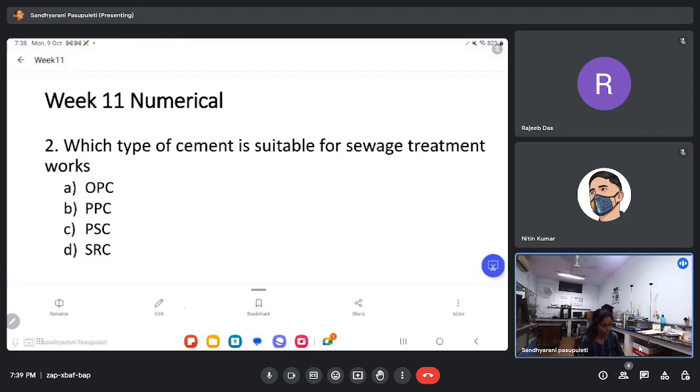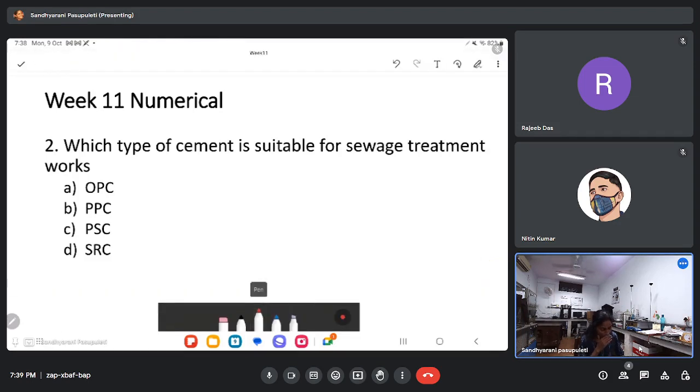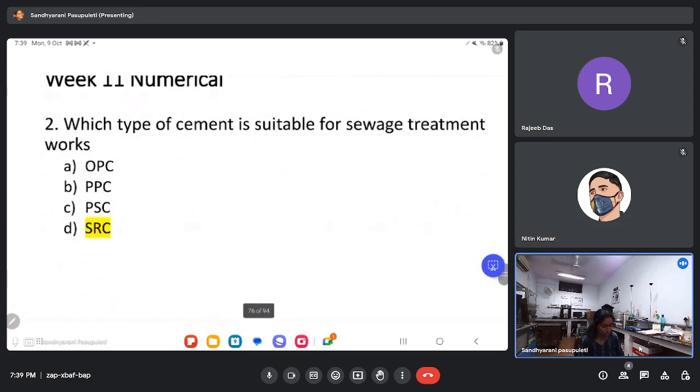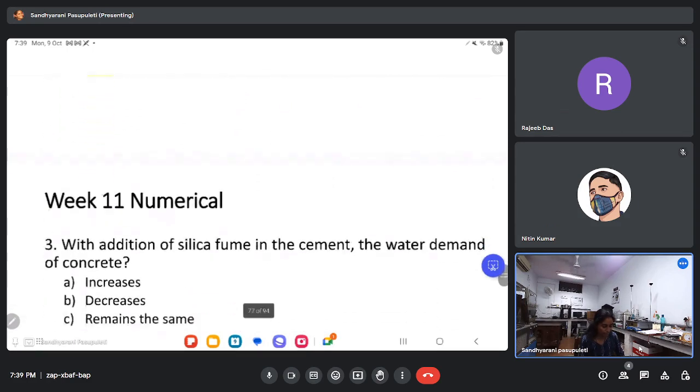So usually these sewage treatment works are always in contact with water. As we have discussed, whenever the structure is in contact with water, there are higher chances of sulfate attack. So in those situations, it is always preferable to use sulfate resistant cement or concrete. Okay. Which type of cement is suitable for sewage treatment? SRC.